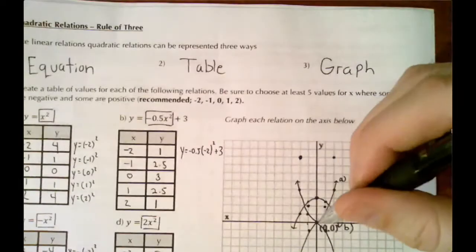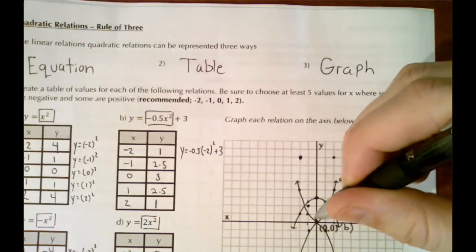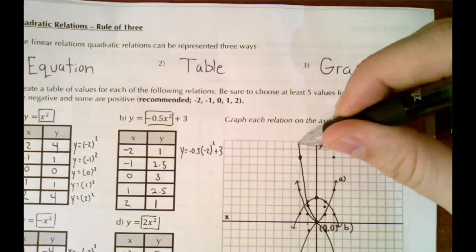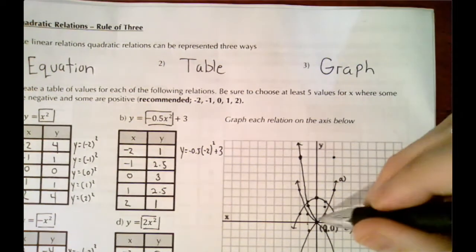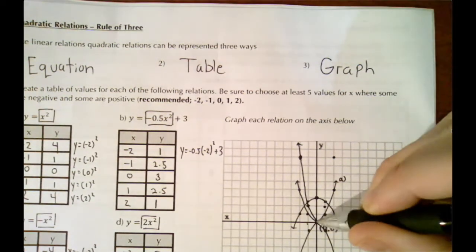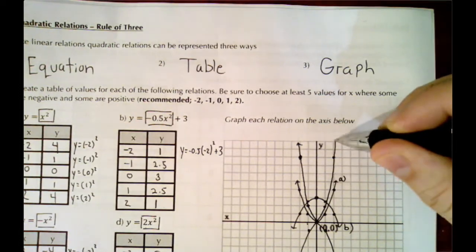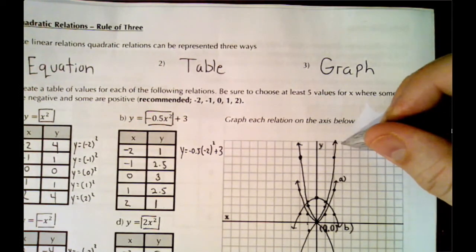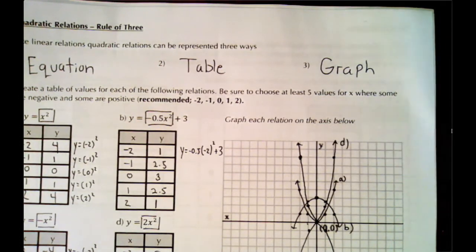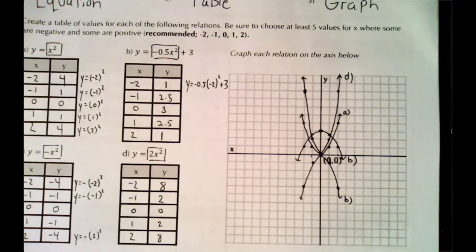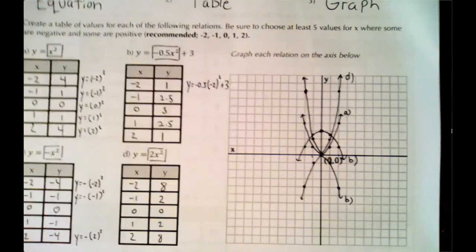So let's see if we can use these points. 0, 0 stayed the same. We're going to go up, extend just a little bit, and we're going to go up, and extend just a little bit, and that's graph D. Look at that graph. Opened up.